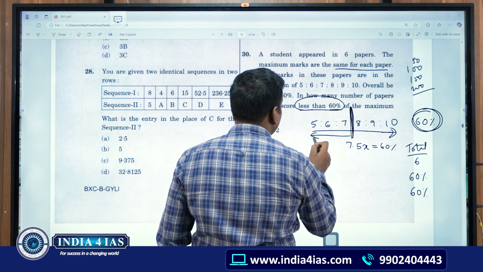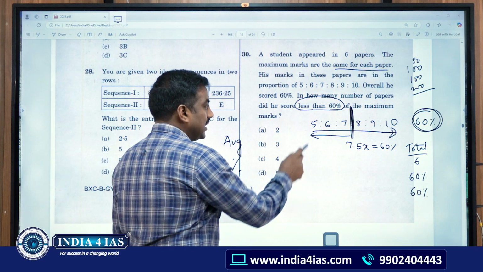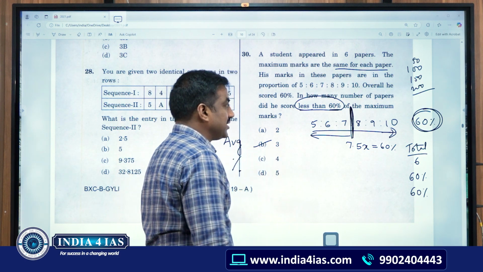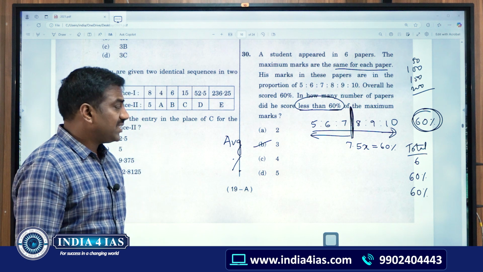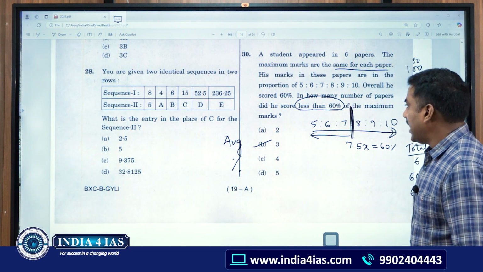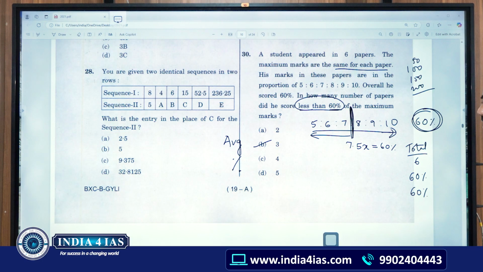Less than 60% is these 3: 5, 6 and 7. So 3 are less than 60% and 3 are more than 60%. This is what we have to get.